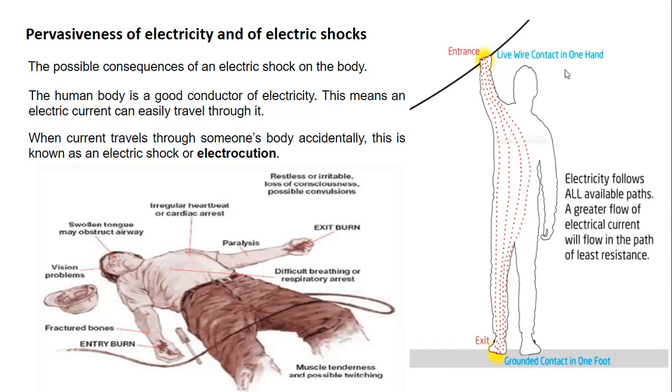So live wire contact in one hand with a bare foot makes a perfect pathway for electric current to flow through the human body. Electricity flows along all possible paths, but a greater flow of current will take the path of least resistance.